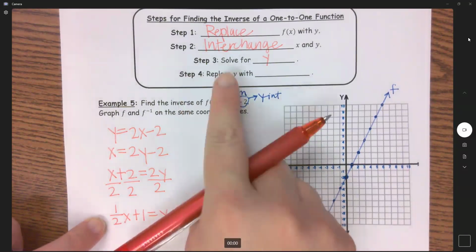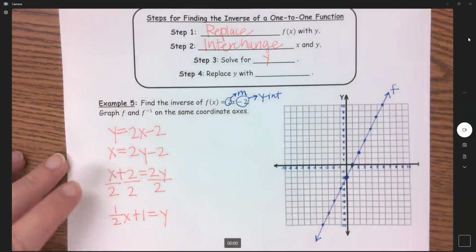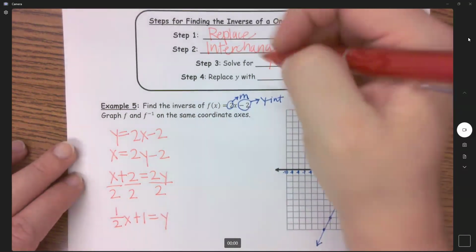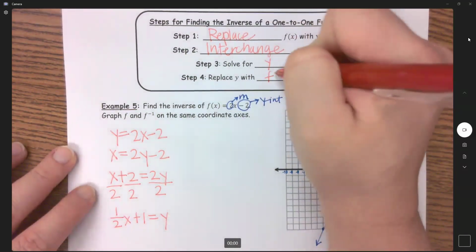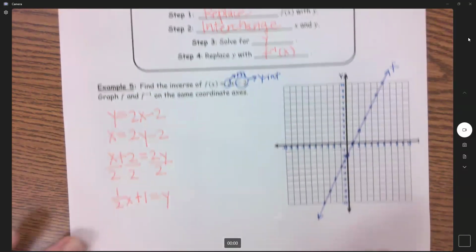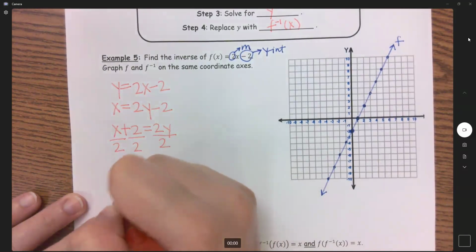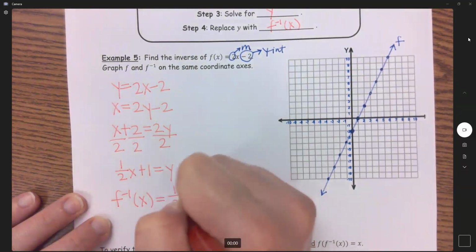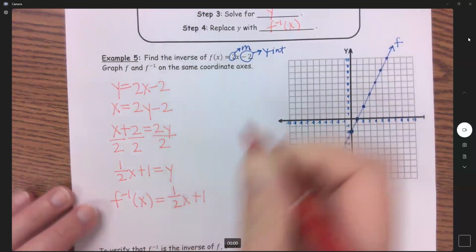The last step is to replace y back into your function notation with its inverse notation. So we have the inverse of f of x equals 1/2 x plus 1.